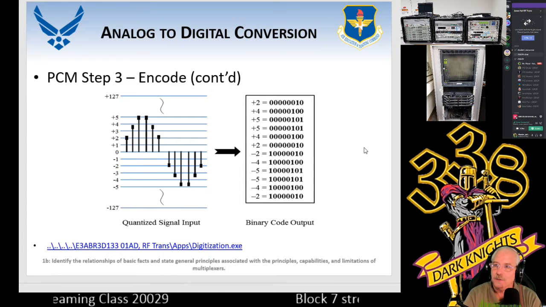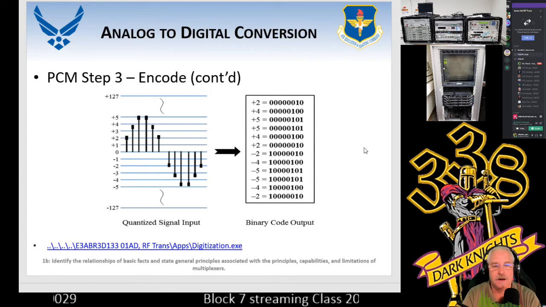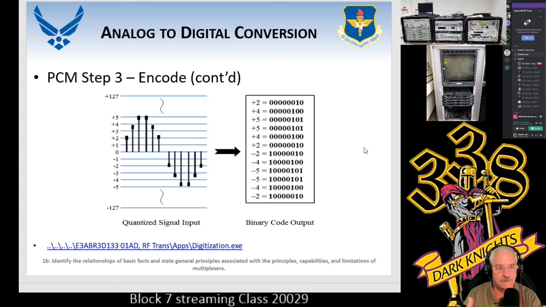Well, the last bit on the left-hand side tells us whether or not it's a positive or negative 127 in that stage. In our case, if we look at the number 2, 0, number 1, 1, which would be 2, and the rest, 4, 8, 16, and so forth and so on.